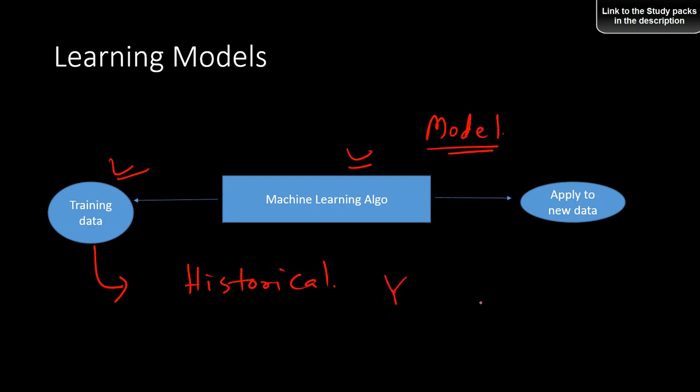Y is the target and x1, x2, up to xn are the factors. Once that is done, we apply the model which has been trained using an ML algorithm to new data and do the prediction for the new data. New data in the sense which we haven't seen yet. In the future we'll get the data and then we will find out the value of the target, which is the y in this case.